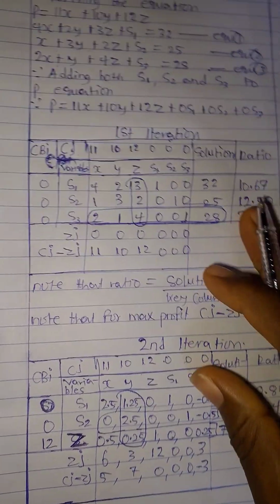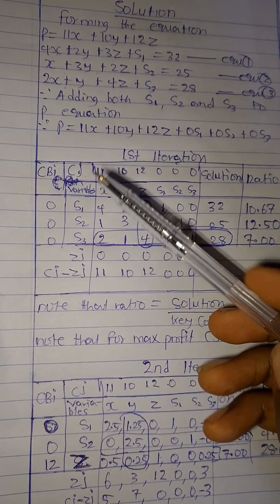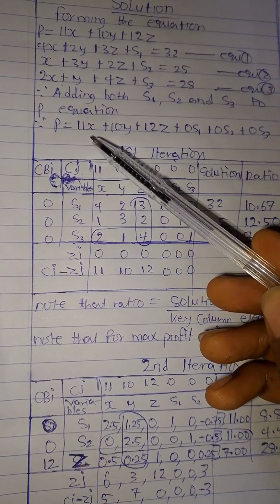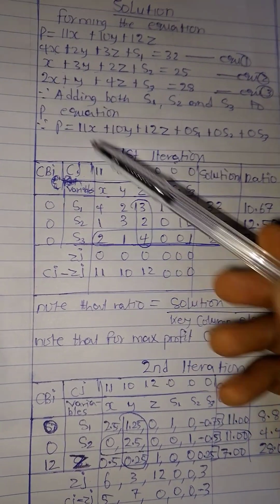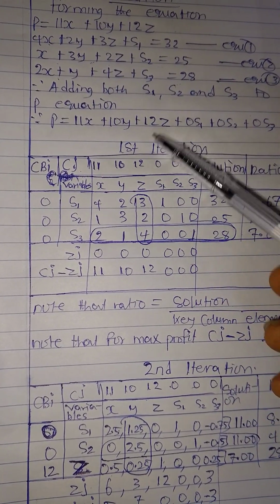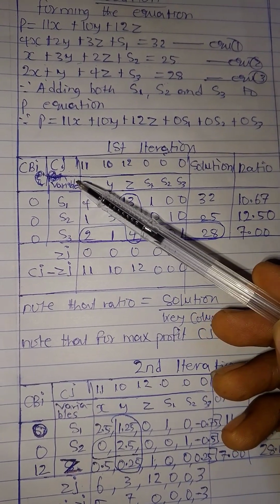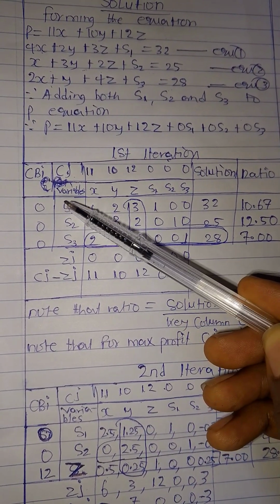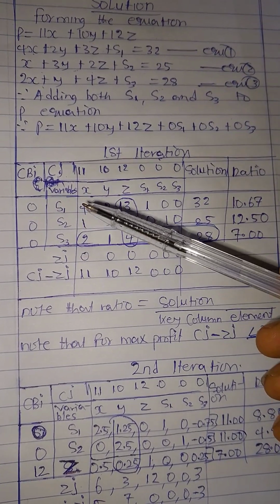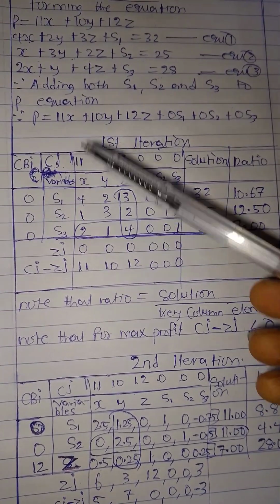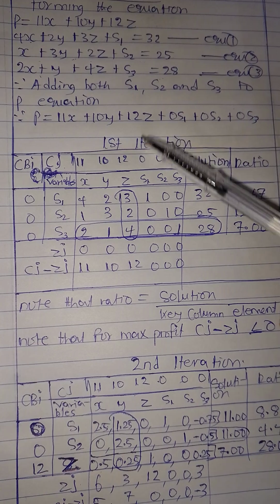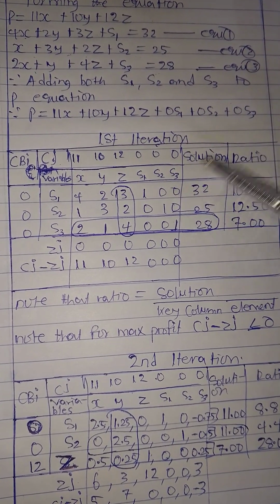Okay, and if you check in this CJ now, the coefficients of P are 11, 10, 12, 0, 0, and 0. And also, if you check now, the variables are x, y, z, x1, x2, and x3.